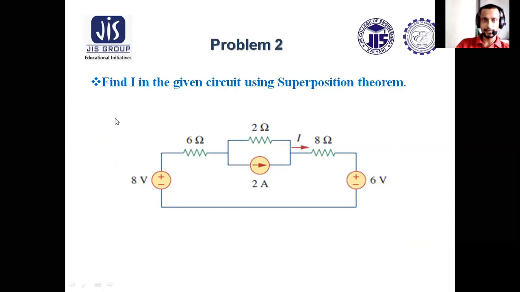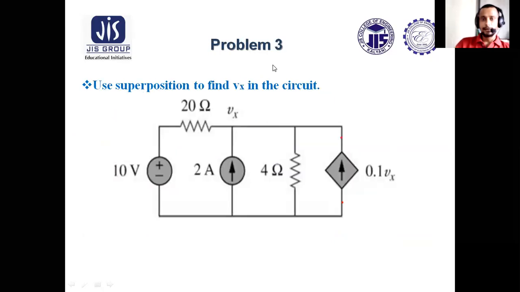Let us move to the next problem. Now see, for this problem, this is Vx and this is a dependent current source, a voltage dependent current source having 0.1 Vx magnitude. Now, first what shall we do? We'll consider each source separately. We are going to find Vx. So while considering the 10 volt source alone, the circuit will look like this.